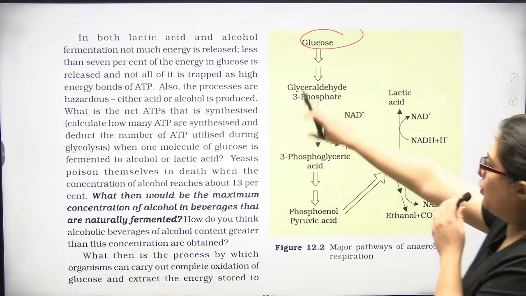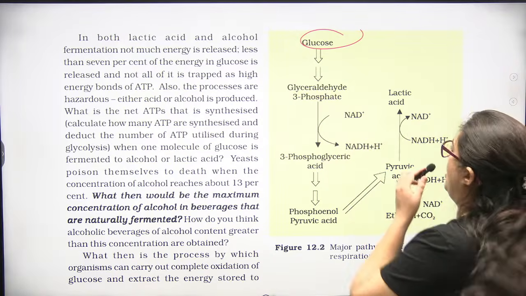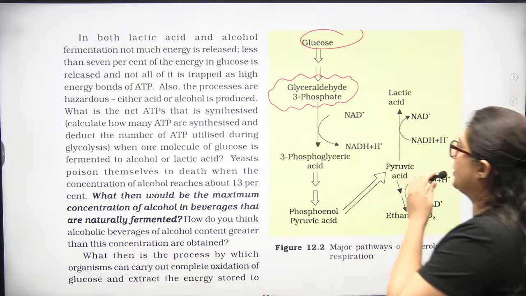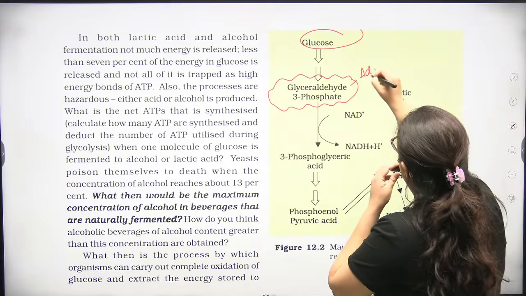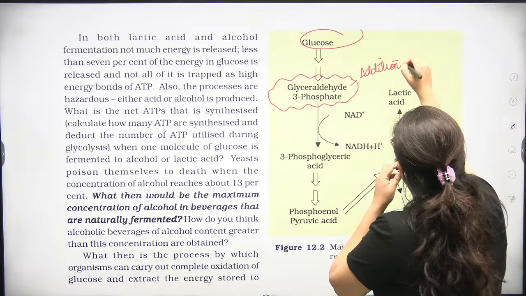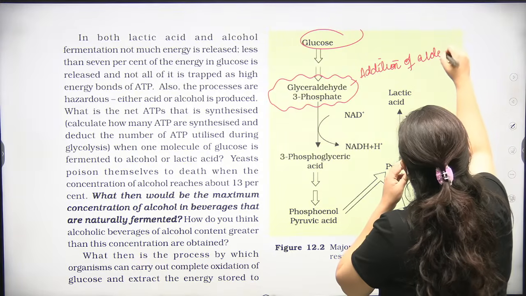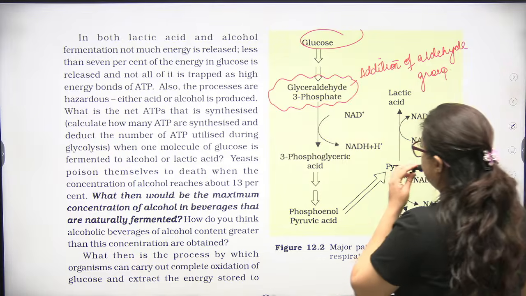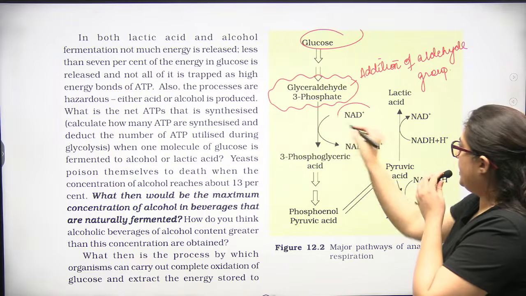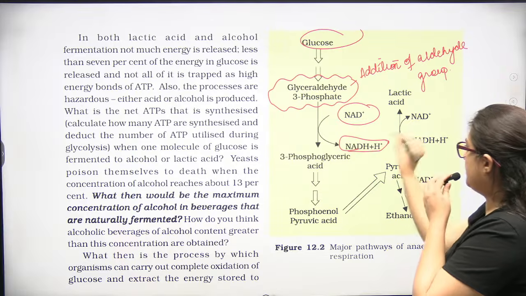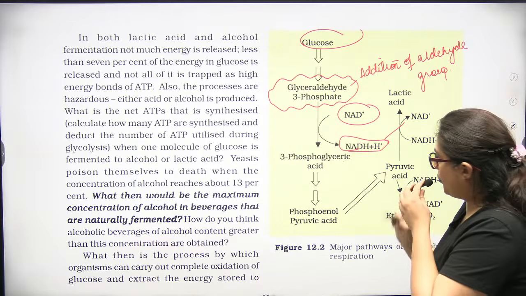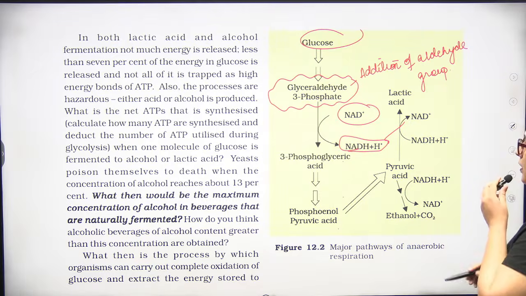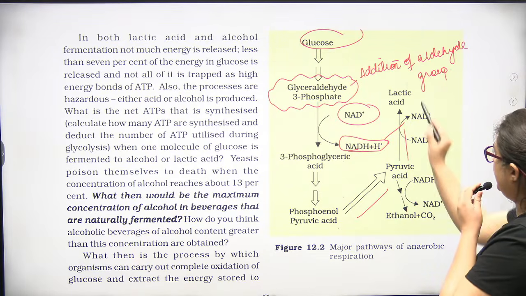Now, don't just read this, see the reaction. Glucose is converted into glyceraldehyde 3-phosphate, with addition of an aldehyde group. Here NAD+ is converted to NADH, H+, then to 3-phosphoglyceric acid, phosphoenol pyruvic acid, then pyruvic acid, and then finally lactic acid.